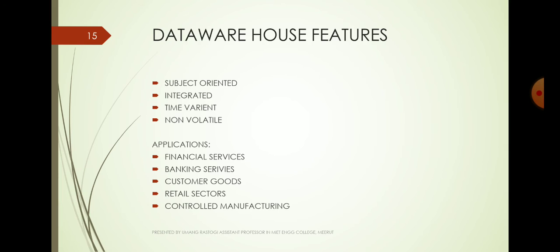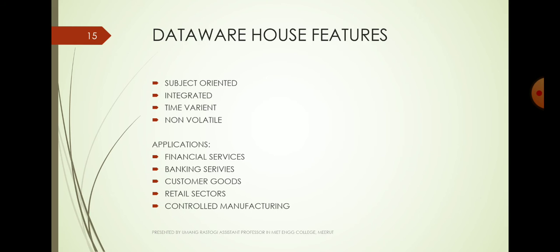In this batch, in first year, how many students are in MBA? This much. In 2020, how many students are in MBA? This much. In 1998, how many students are in MBA first year? This much. So like this, we can see the data in the data warehouse by time. Next one is non-volatile. That will be saved, it will not be volatile data. So these are the features of the data warehouse.